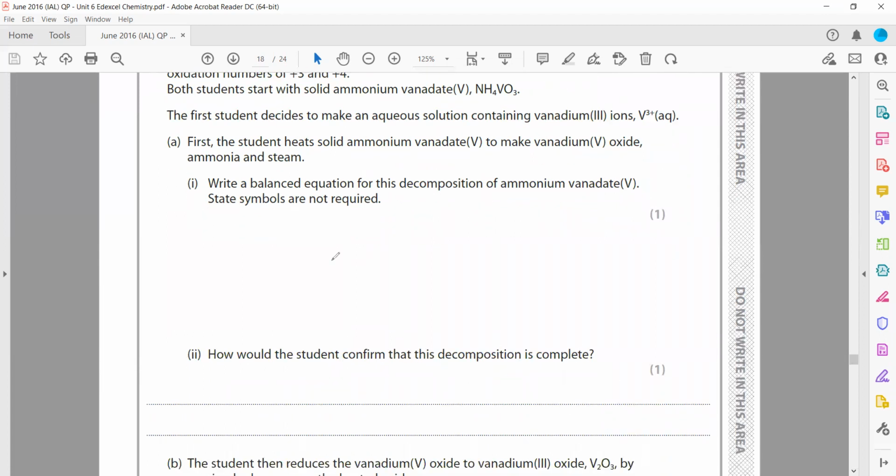So we want to prepare ammonia and vanadium(V) oxide, which is V2O5, by the thermal decomposition of ammonium vanadate(V). The balanced equation will be: NH4VO3 decomposes into vanadium pentoxide plus ammonia, and steam is there, so H2O.